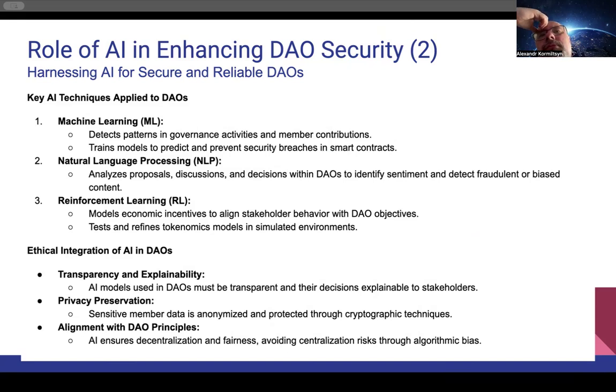So what are these ethical issues? On the one hand side, we have transparency and explainability. The AI models used in DAOs should of course be transparent, and the decisions should be explainable to the stakeholders. This is important: that the trail of reasoning can be followed, how certain decisions come about when they are produced by AI, and that it's not just a black box.